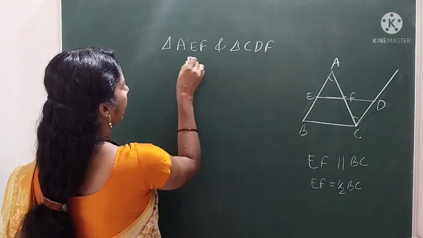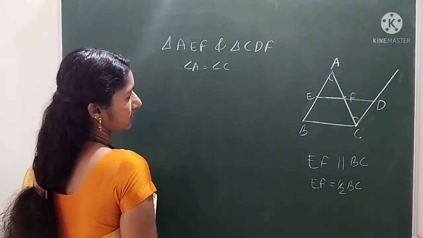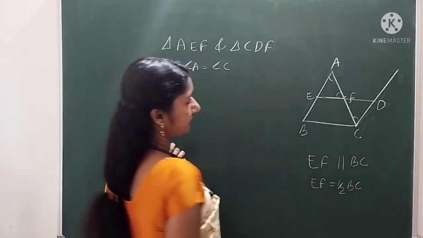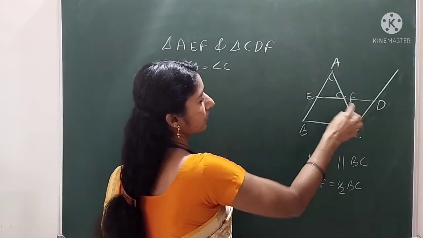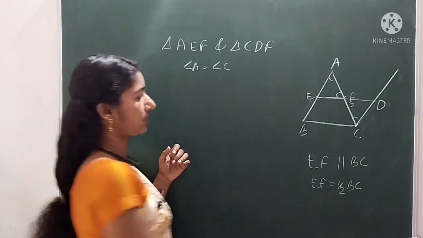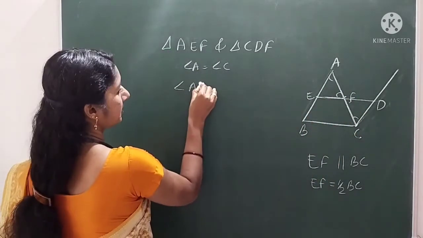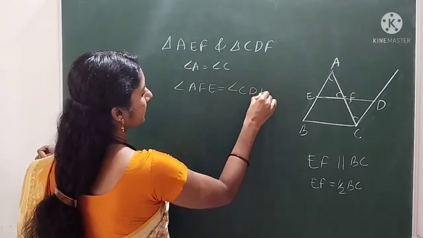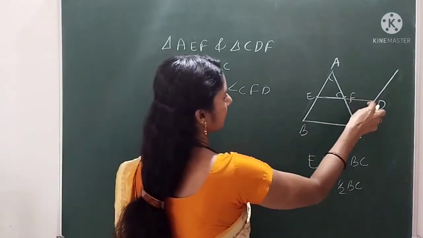And then what about angle F? If I am giving this angle 1 and angle 2, angle 1 is equal to angle 2 because they are vertically opposite angles. So we are getting one more pair of angles, angle AFE is equal to angle CFD.